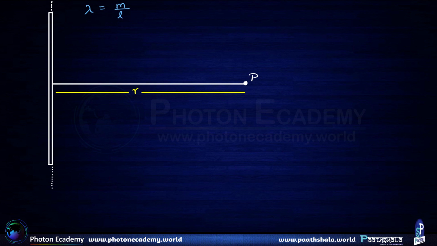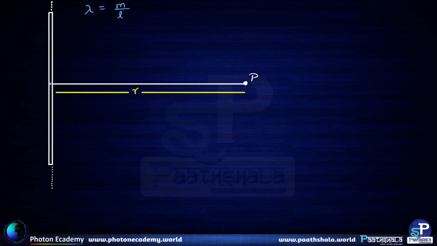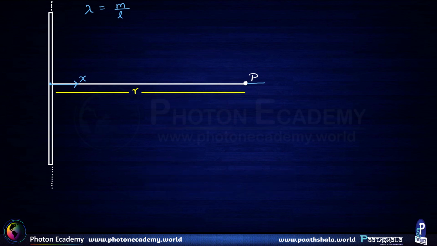So if I choose my origin of coordinate axis to be over here and x-axis in this particular direction, so this is my x-axis, and y-axis in the direction that is parallel to the rod, then in such a case I can write this as dy, and the mass that this dy holds, dm, is nothing but lambda times dy.